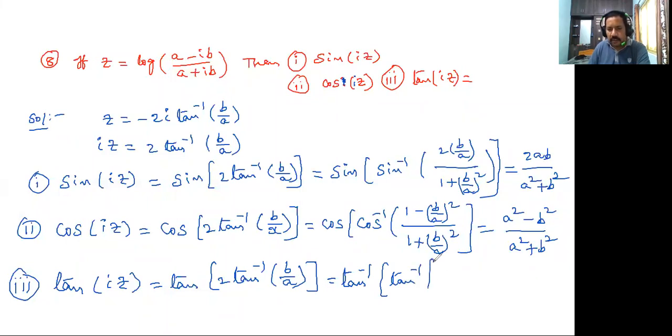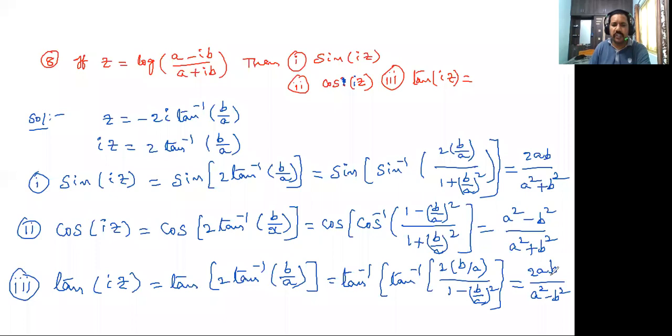That means 2 into b by a by 1 minus (b by a) whole square. Now calculate this. Tan inverse is going to cancel. You will get the answer 2ab by a square minus b square.